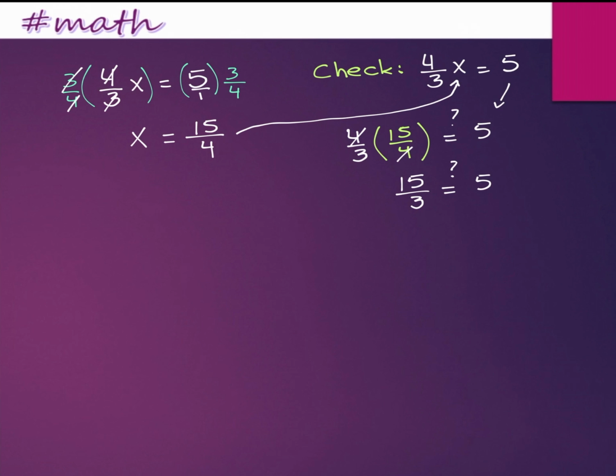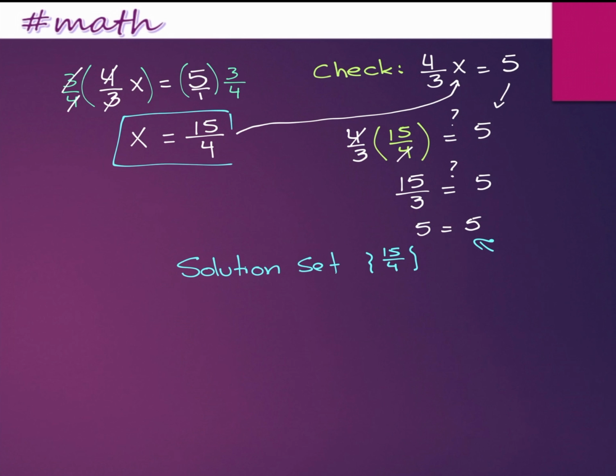And well, of course, 15 divided by 3 is 5, equals 5. So we're sure that our answer is correct, and we may state that the solution set is the number 15/4. Make sure you don't write that 5 over there. That's a common mistake. This 5 here looking at the end, that's not the answer. The answer is the value here for x.